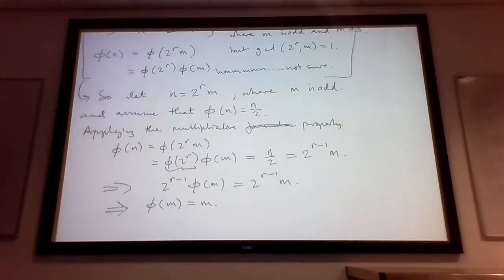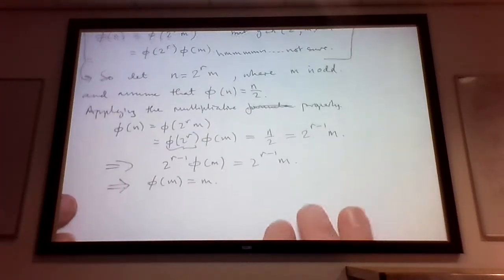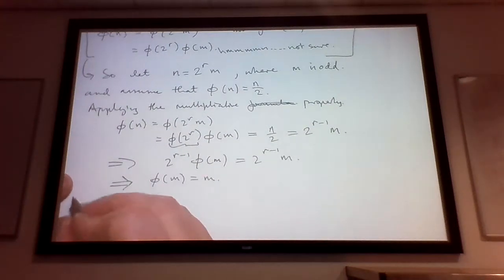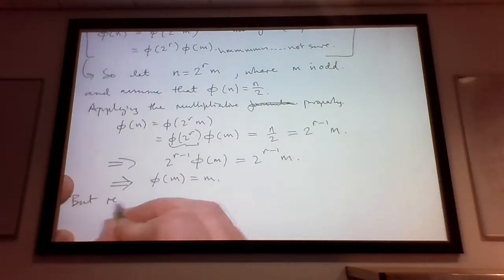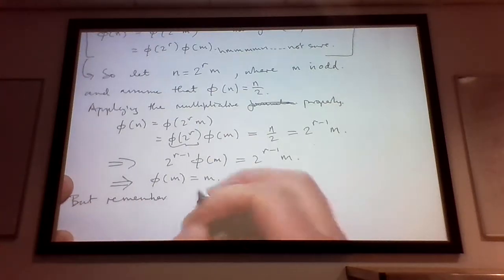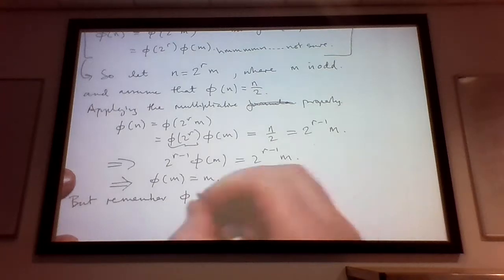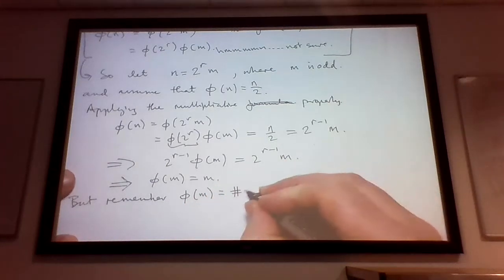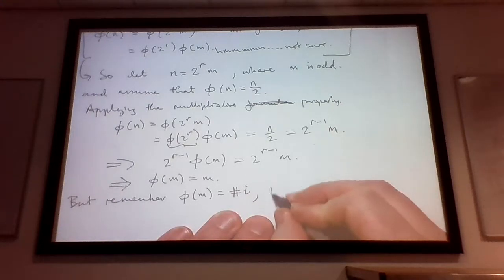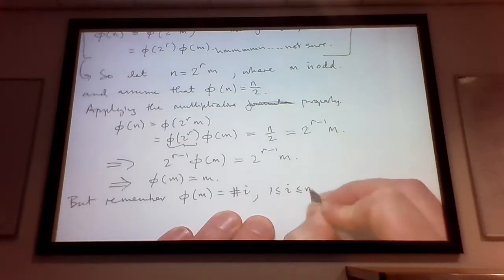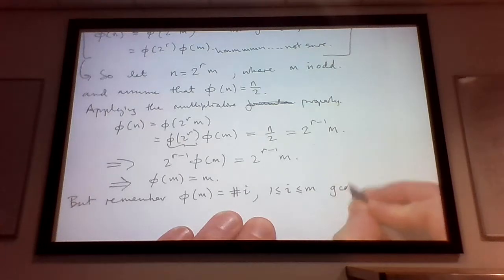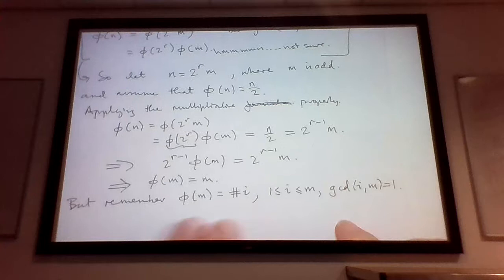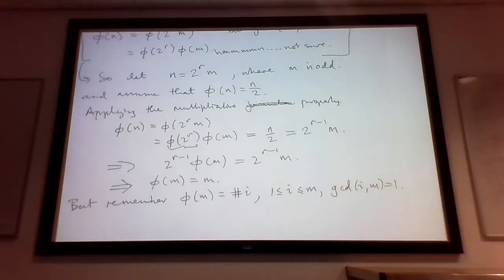Now, which numbers satisfy that? But remember, phi by definition is the number of i's in the range between 1 and m such that the GCD of i with m is 1.